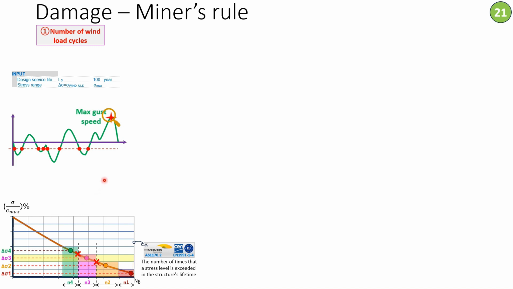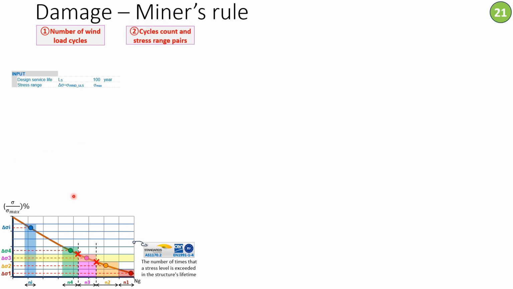You can do that for different stress levels and get the corresponding number of cycles from the intersection of the stress segment and the graph. So we end up having pairs of stress range or increment and the corresponding number of cycles. So we have delta sigma 1 and the corresponding number of cycles, small n1. We have, let's say, delta sigma 4 and the corresponding number of cycles, small n4.